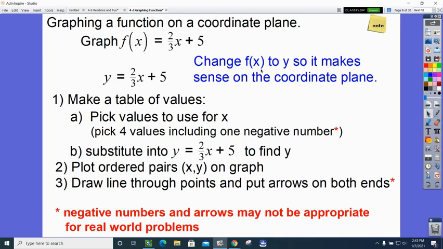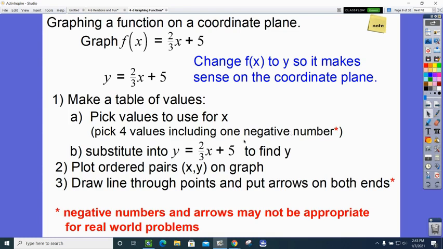So you can change the f of x to be y. Now, once you're making your table, remember that you get to pick any 4 values you want, but the fave4 really helps you when graphing so that it fits on the graph paper. You're going to pick 4 values, and remember, please, to include one negative. So -1, 0, 1, 2 is a great set of numbers to pick.